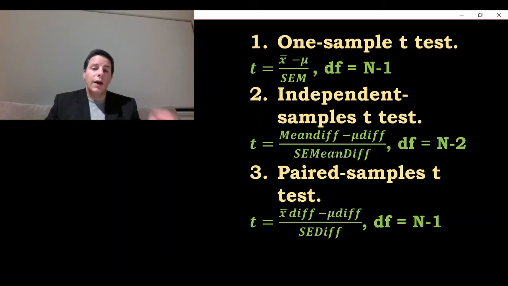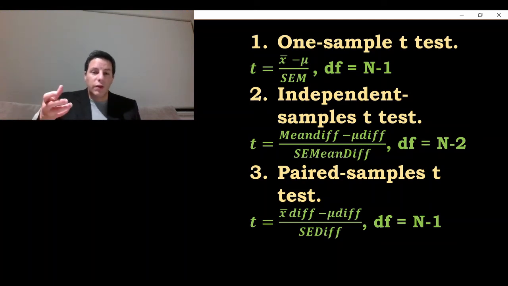And because we can, we obtain a new variable that is called difference scores. And you know what? We can use that new variable as one variable.